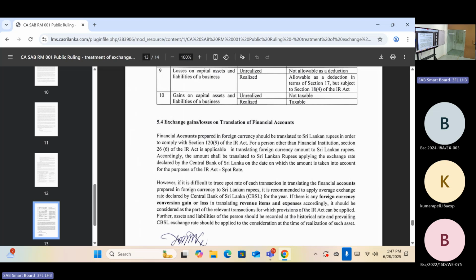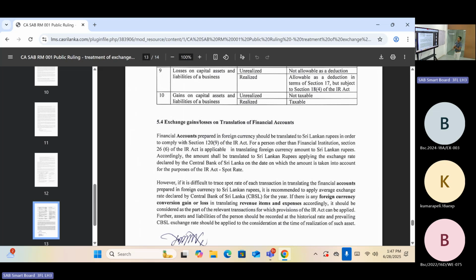In that context, it is translation. The conversion gain or loss connected to the income statement, we consider as part of the transaction, but in case of assets and liabilities, we consider it only upon realization. That is the ruling here.